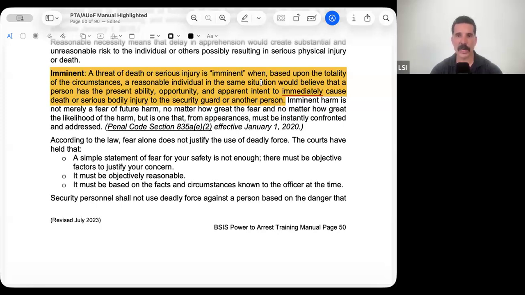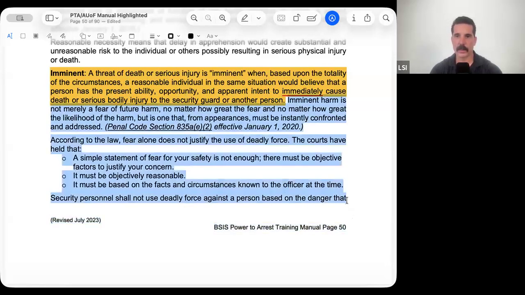You're going to highlight that whole thing, and you're also going to underline immediately. So, has the present ability, opportunity, and apparent intent to immediately cause death or serious bodily injury to the security guard or another person. And it continues.